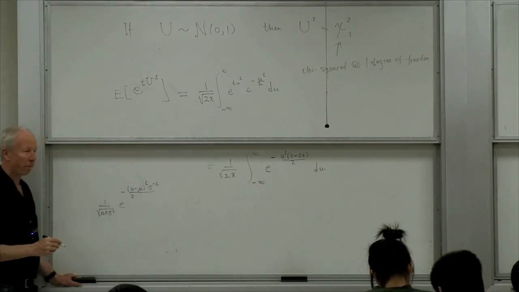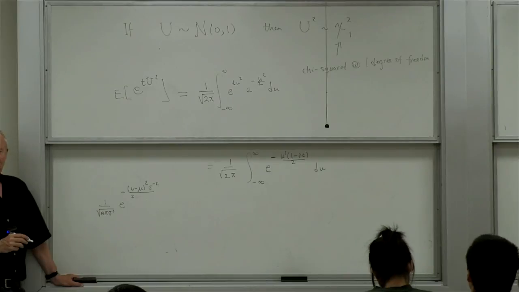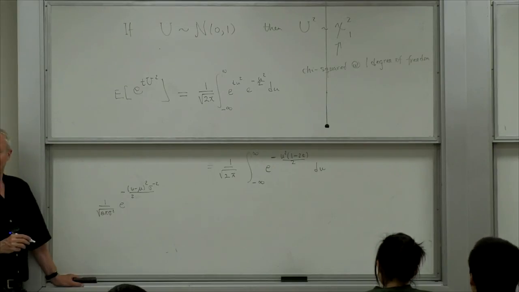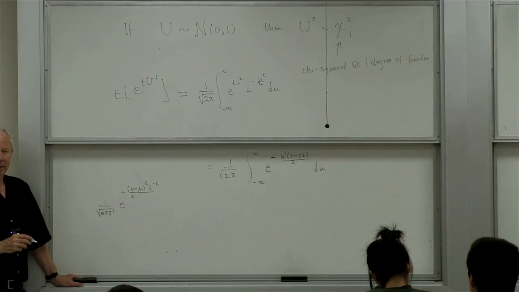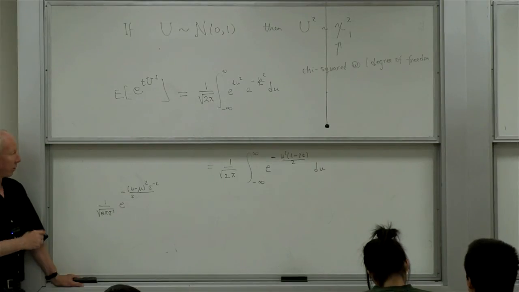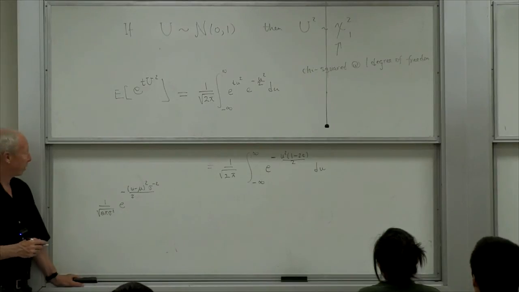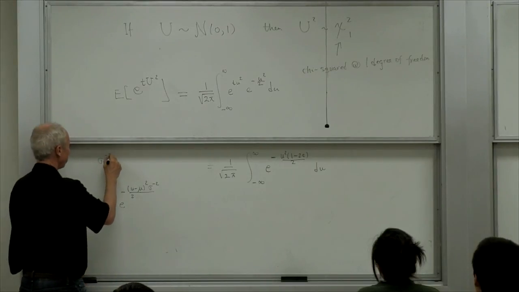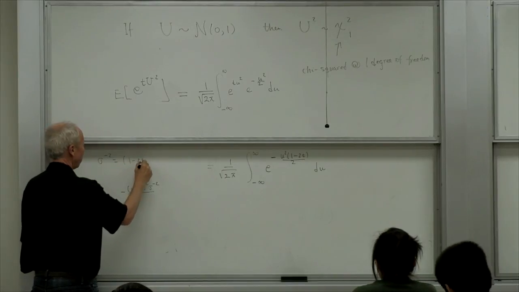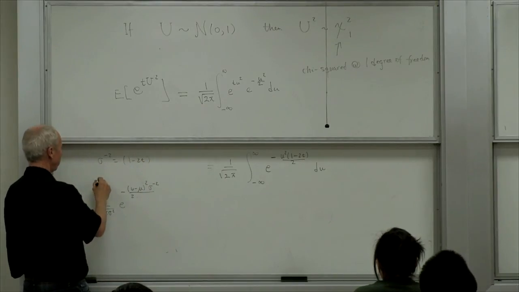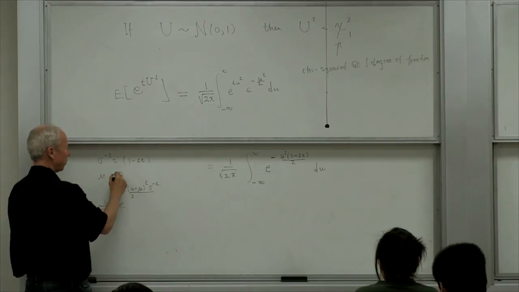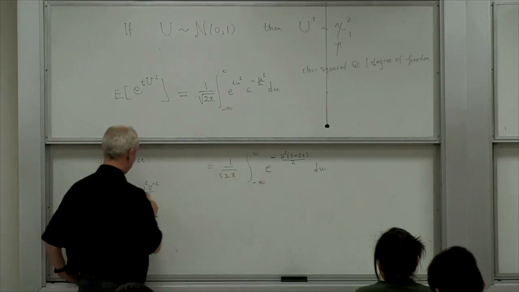Is this unequal? No. This is not unequal to what I started with, right? Now does it look like that? Yeah, with sigma to the minus 2 equal to 1 minus 2t, and mu equal to 0. So you have u squared.